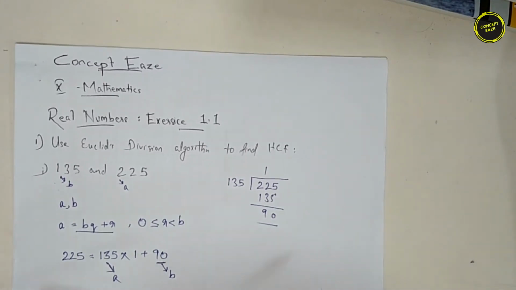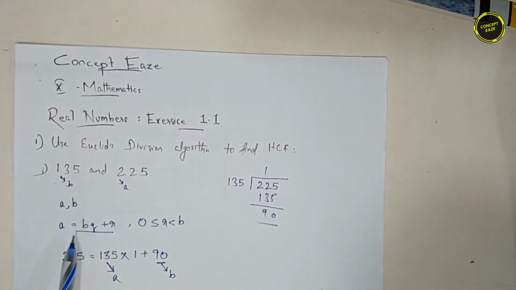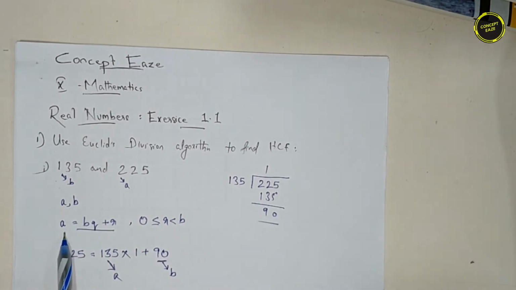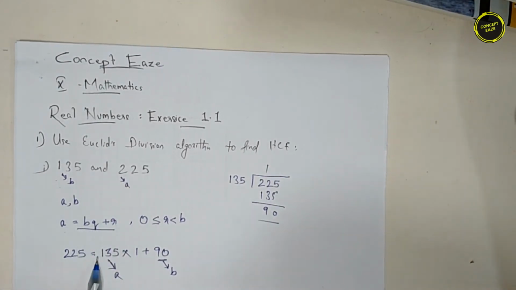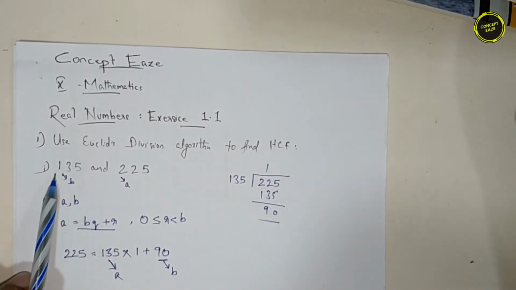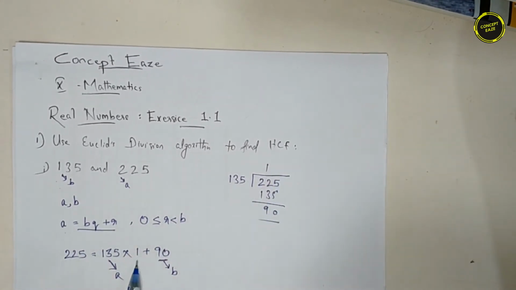What we are going to do is express this a and b, that's 225 and 135, in the form of Euclid's division algorithm: a equals b q plus r. So our a is 225, 225 is equal to b, 135, multiplied by the quotient, which is 1, plus the remainder, that's 90.